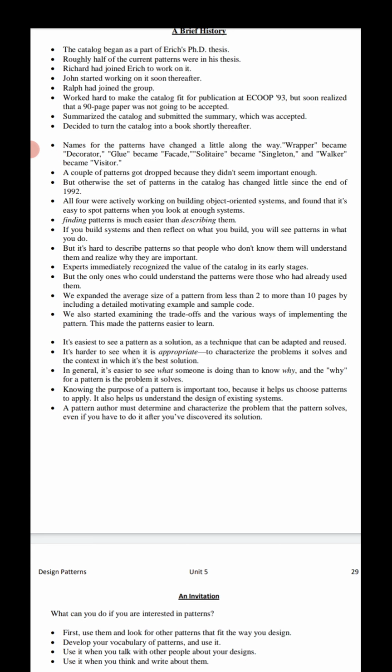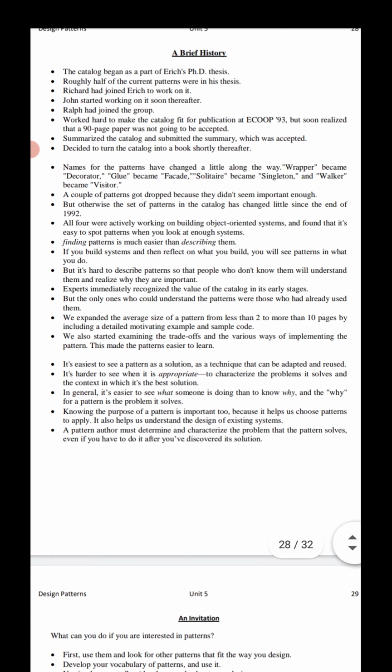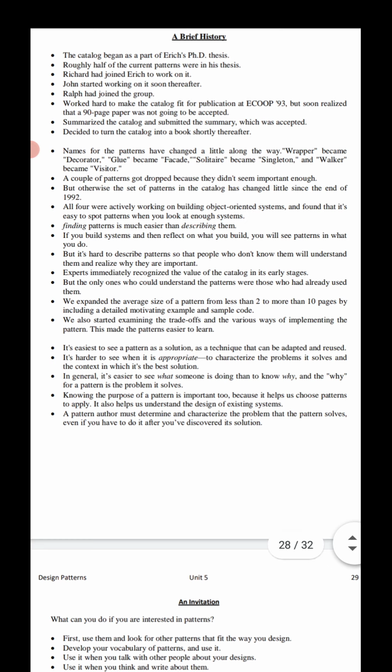So they summarized the catalog of design patterns and submitted the summary, which was accepted. Finally they decided to turn the catalog into a book. That is a brief history.